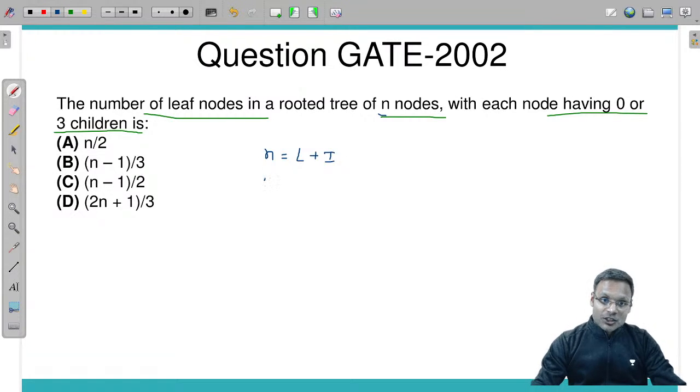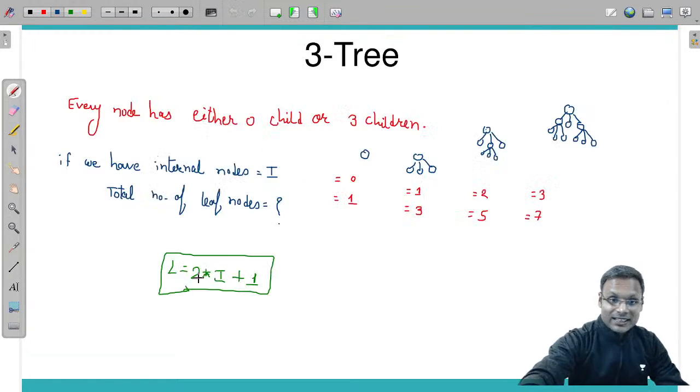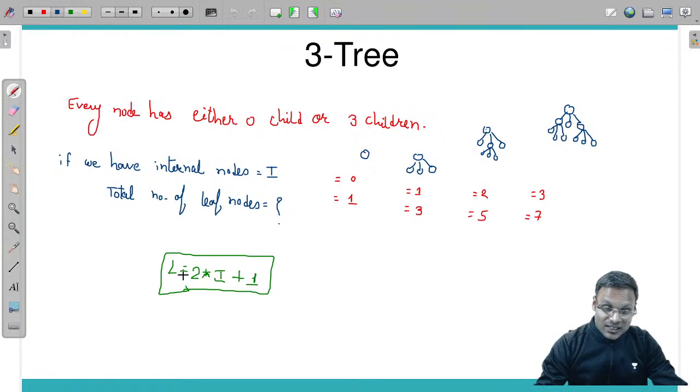Means I is equal to n minus L. Now listen, I can get internal nodes with leaf nodes. Yes. Can I get the value of I here? Yes. I is L minus 1 by 2.